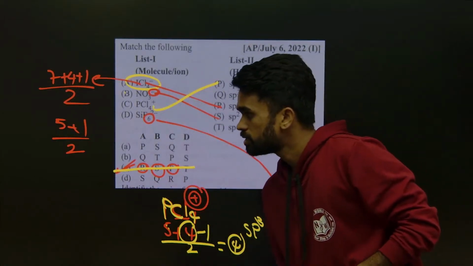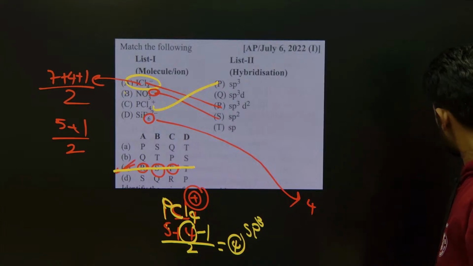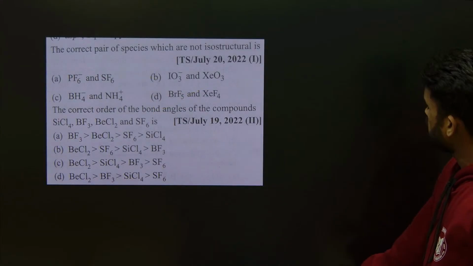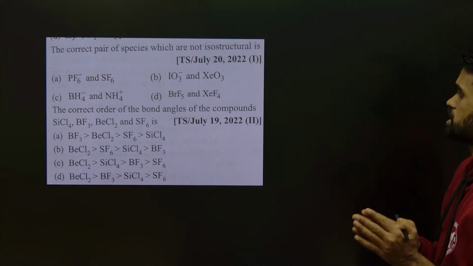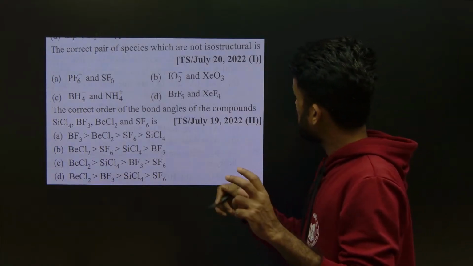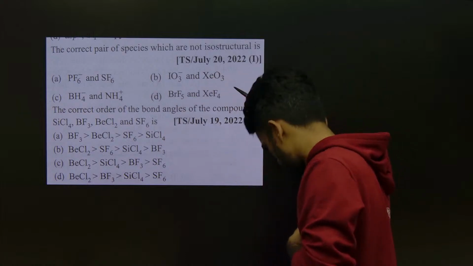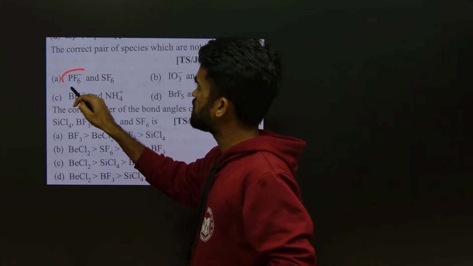Okay, right. Next, let us move forward. Look at this: the correct pair of species which are not isostructural. Isostructural means, see, if they have the same structure, then we can call them isostructural. Now look at the options, PF6 minus.